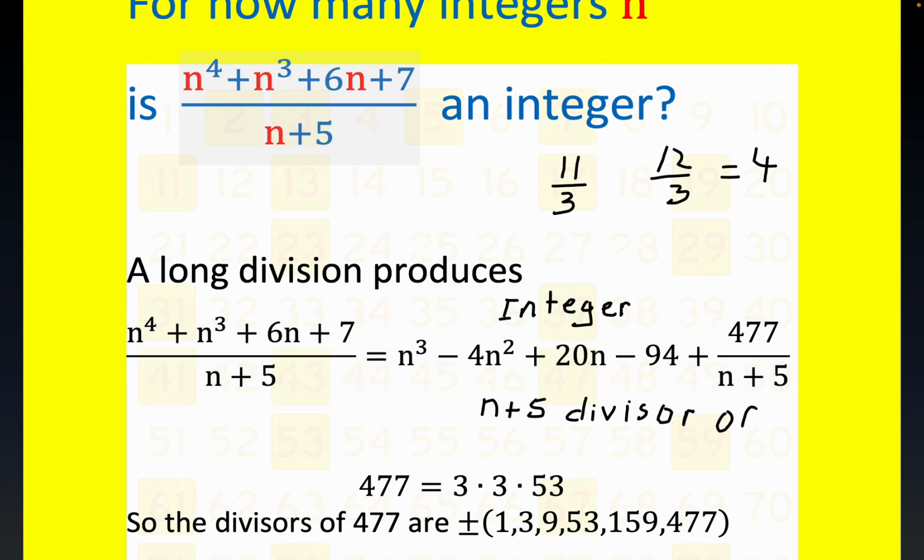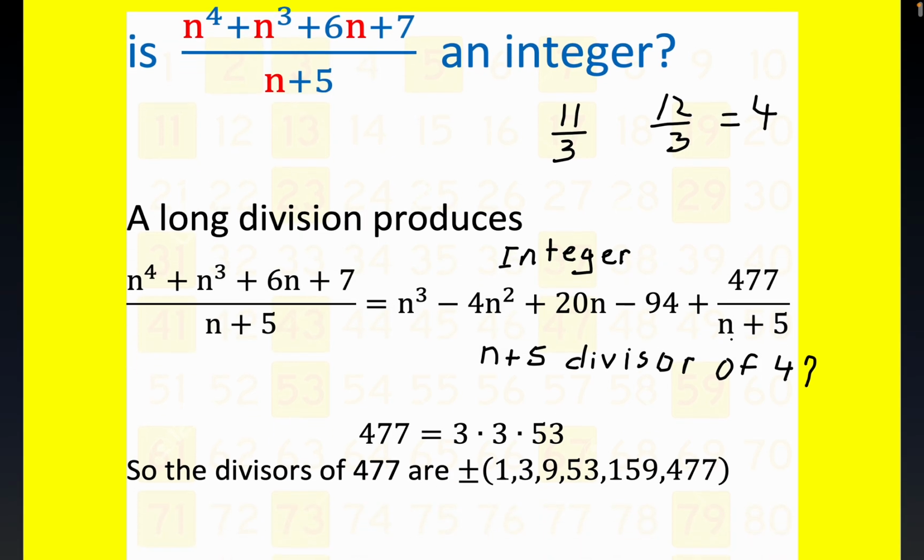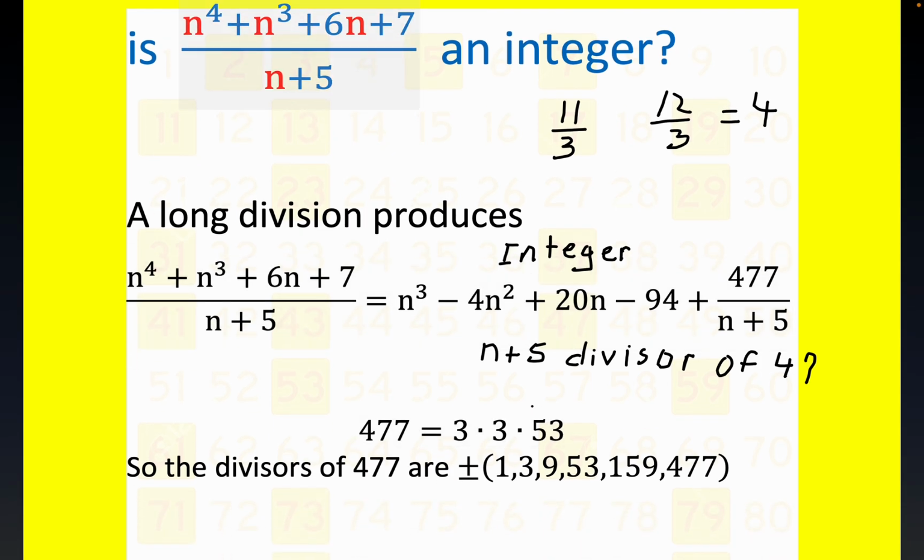Of 477. And that's very clear, right? Whatever the divisors are of 477, n+5 must be one of them in order for this part to be an integer, right? So that makes sense. So it makes sense to also look at the prime factorization here. This is not hard to do, folks.